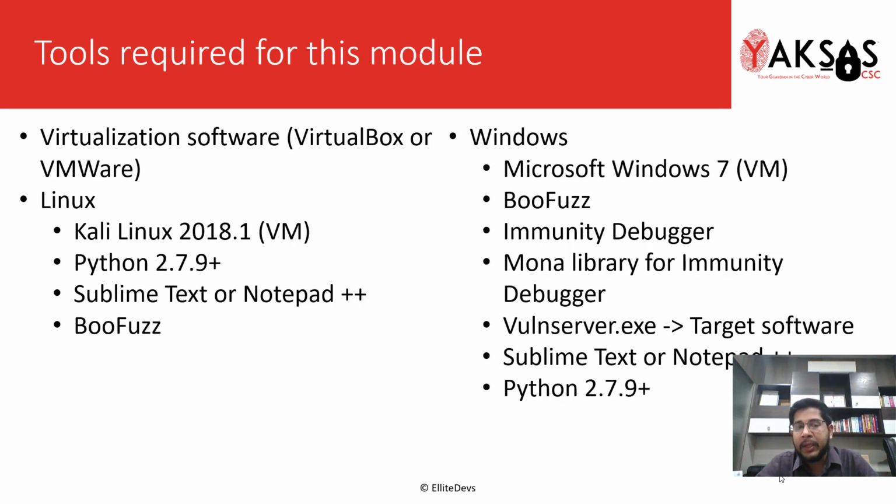Again, you can use either Sublime Text or Notepad++ or any other text editor of your choice. And finally, we'll be needing Python 2.7.9+. Please note that for this module, any version of Python prior to this will not work with BooFuzz. So I recommend that if you have old versions of Python, please upgrade them to a version which is newer than Python 2.7.9.